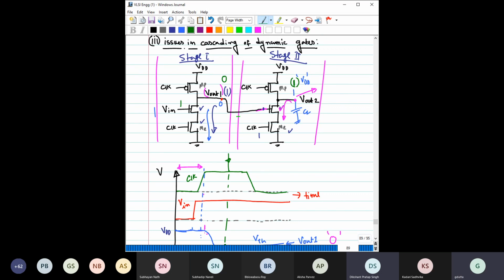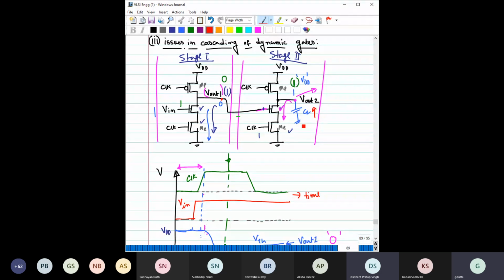Yes, you are saying we can increase the value of CL. Increasing CL means basically increasing the transistor width of the next stage. Will it not affect the delay and all this stuff? Right.